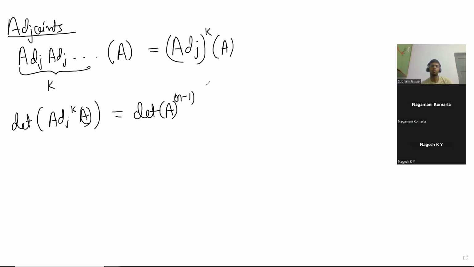Where n by n is the order of the matrix A. Okay.